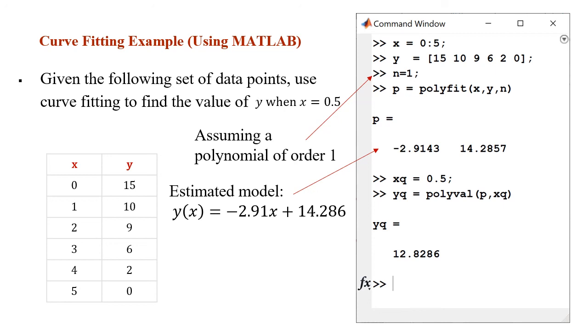First, you need to provide the polynomial coefficients and then provide the x value you want to find the y value for. So that means that y at 0.5 is estimated to be 12.829.